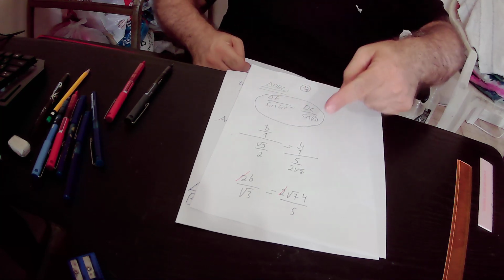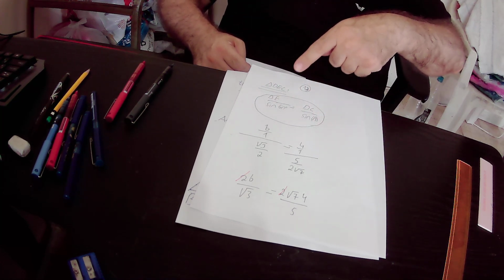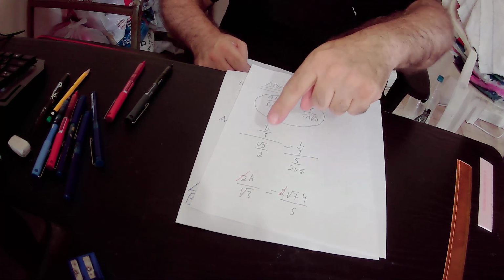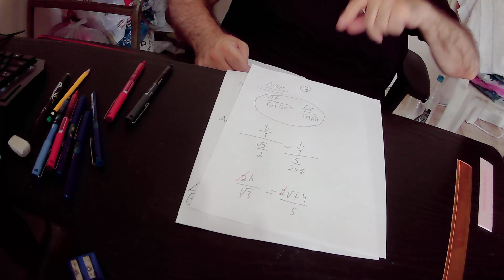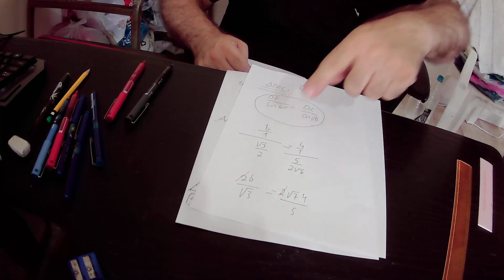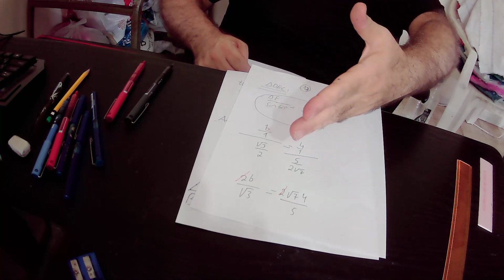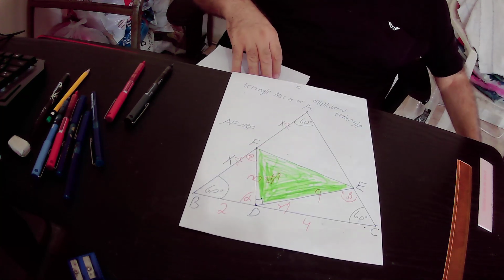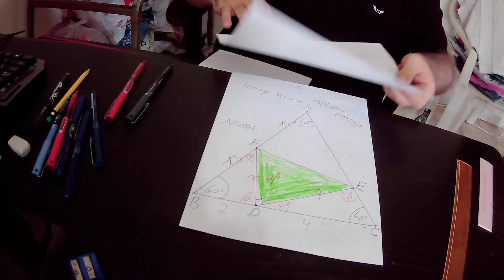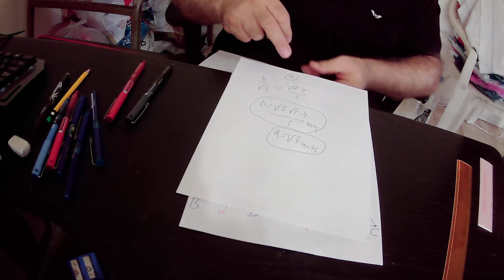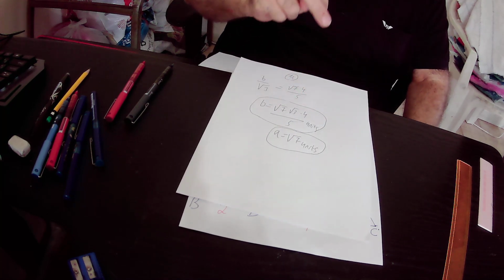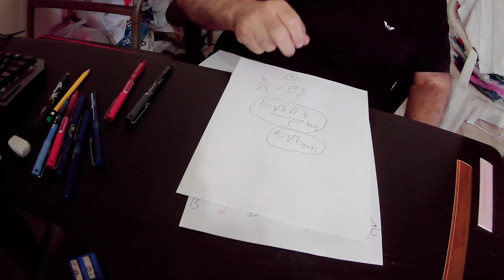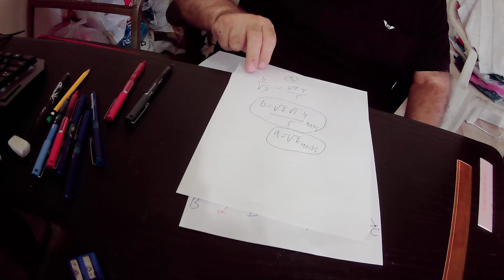We know that DC equals 4 units, DE is B, and sine 60 degrees is root 3 over 2. The only missing variable is B. Solving this simple equation, we found that B is root 7 times root 3 times 4 over 5 units. We have already found that A is root 7 units.